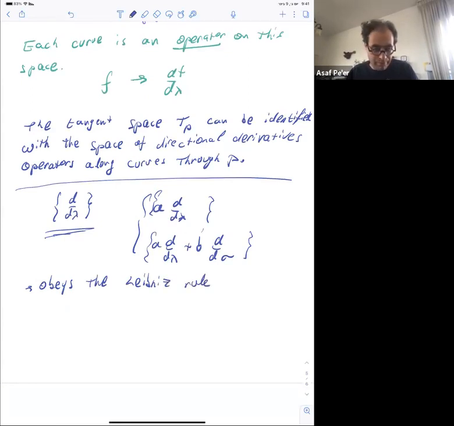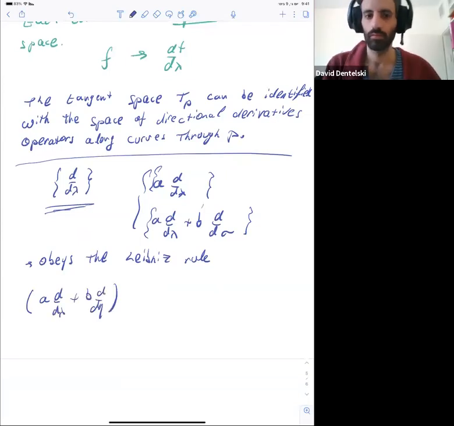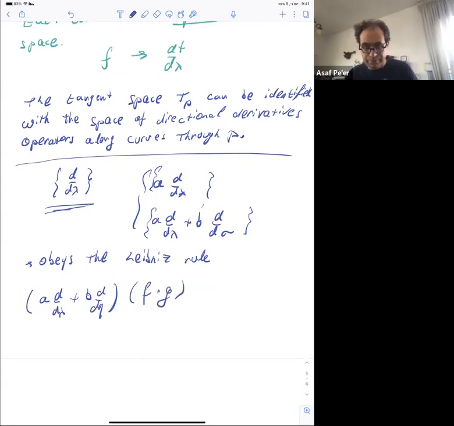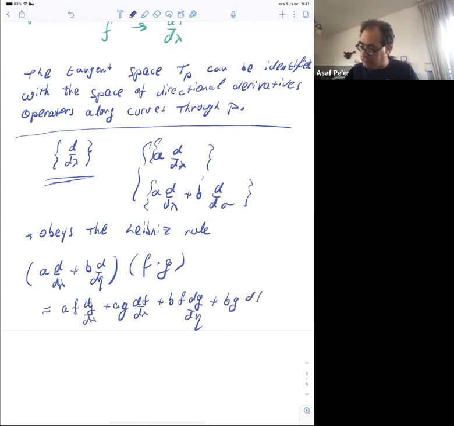If we take this new operator, a d over d lambda plus b d over d eta, and it acts on two functions f and g, you get exactly what you'd expect: a f dg over d lambda plus a g df over d lambda plus b f dg over d eta plus b g df over d eta, which is just (a df over d lambda plus b df over d eta) times g plus (a dg over d lambda plus b dg over d eta) times f.